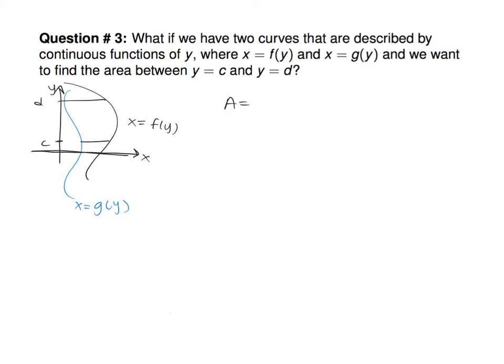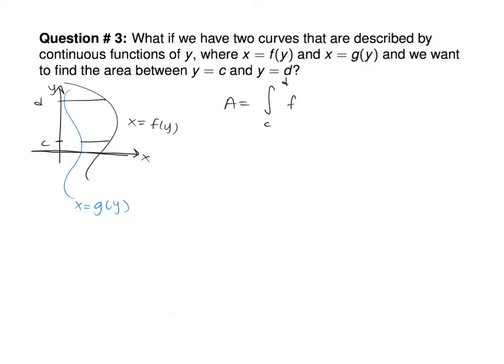But think, in the other integral, in our bounds, it was lesser x to bigger x, right? So in this case, the lesser y is the lower y. Does that make sense? So that's c to d. With the x universe, it was top minus bottom, right? The top curve was the one that was the bigger number, yes? As in the y value was bigger. This one, who's bigger?